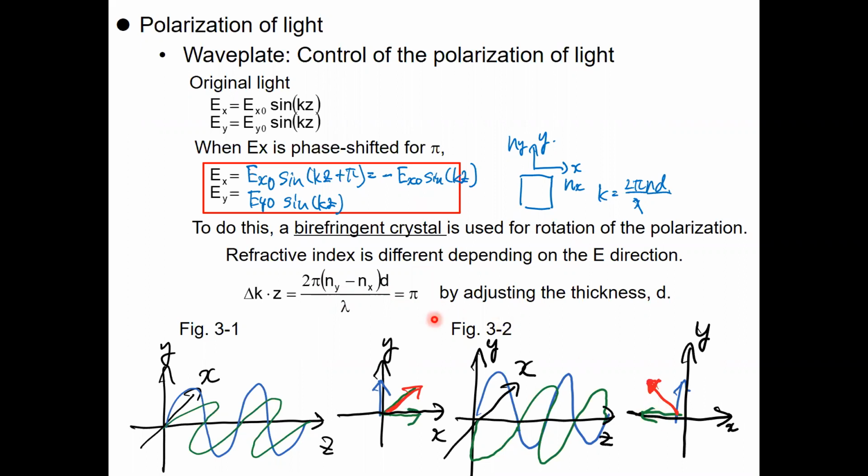So you have to control the thickness d, and then you can define the phase difference between the X direction field and the Y direction field, and as a final output, you can rotate the polarization of the electric field.